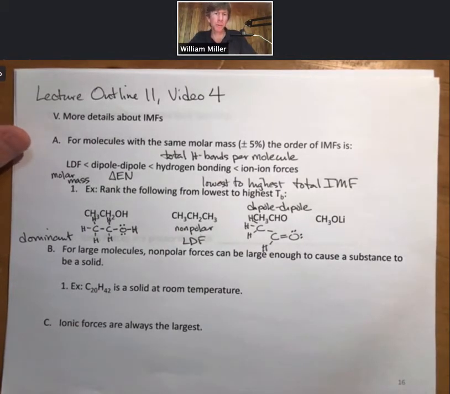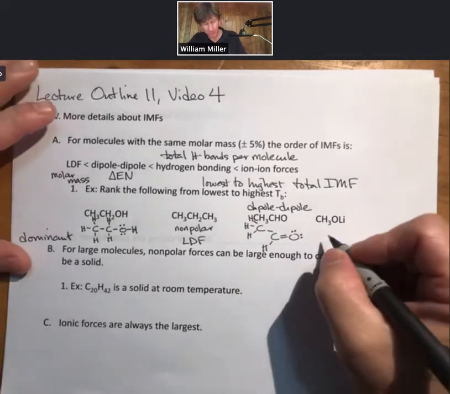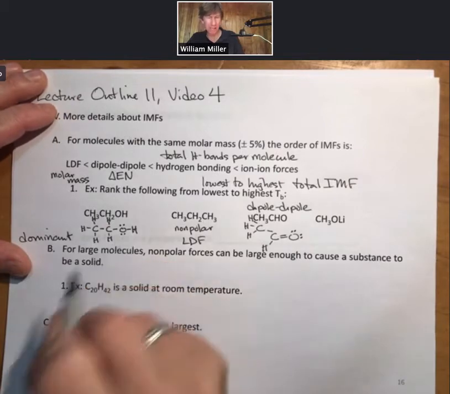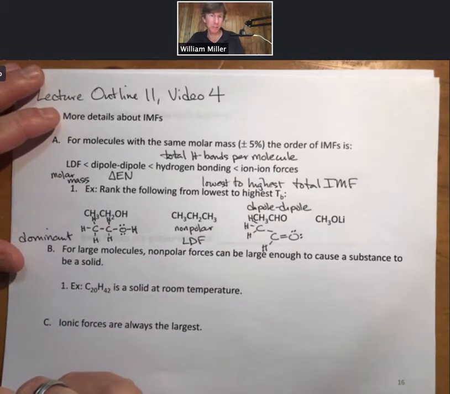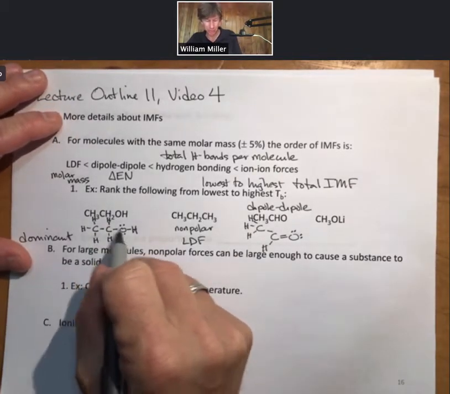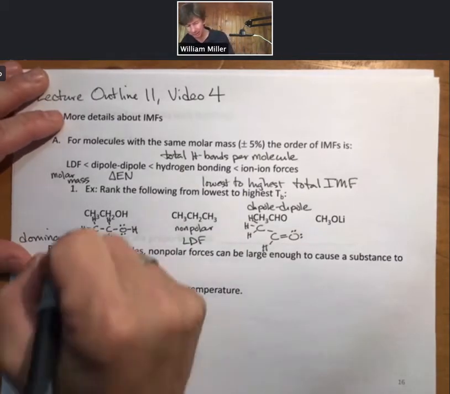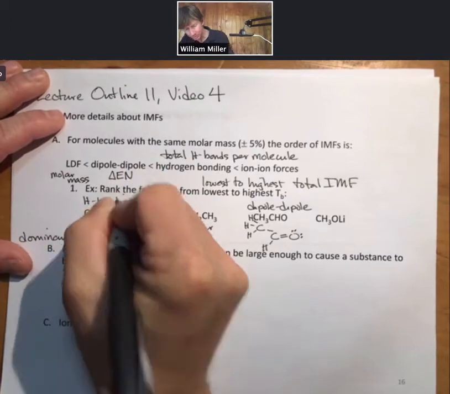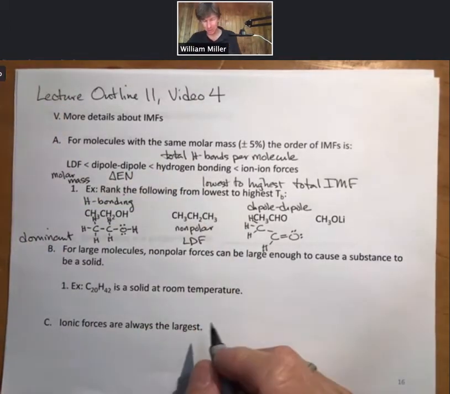There may be some homework problems where I give you names and you have to Google them or look them up or use what you've been taught in the class to figure out what the Lewis structure is. All right. We have an O with a pair of electrons. We have an H covalently bonded to an O. This can hydrogen bond with other molecules of itself.